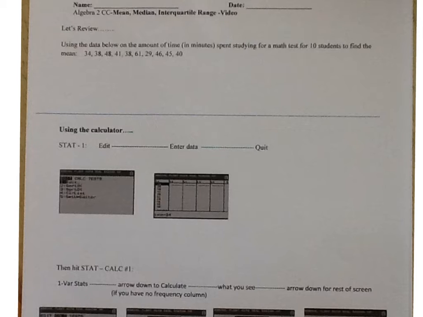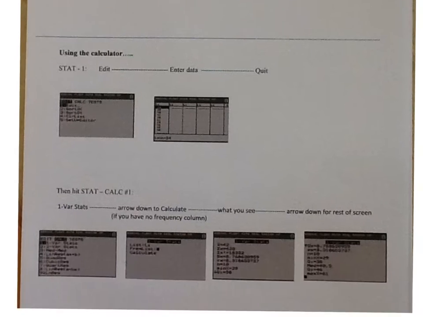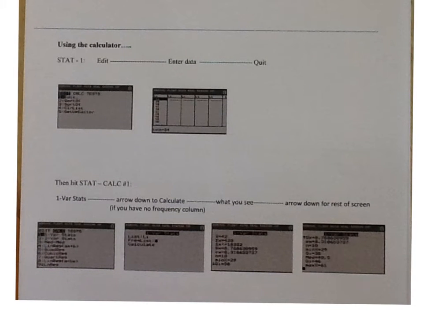Okay, after that, you're going to hit Stat. You're going to go over to Calc. And what you want is 1-Var Stats, the number 1. Hit enter. Now, it'll come up on your screen. It'll come up list 1 first. So just hit enter because that's where you should have plugged your data into, was list 1.